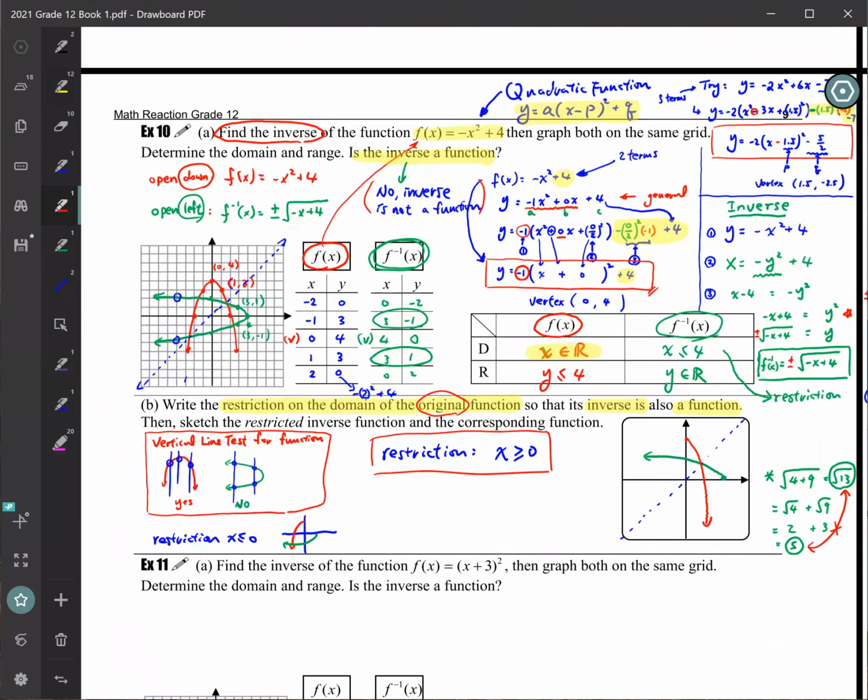Do you have any questions? Can you raise your hand if you understand how we pick the side and get the restrictions? So you have your own choice. You can choose to keep either the right side or the left side, and depending on which side you keep, you have a different restriction and a different graph.